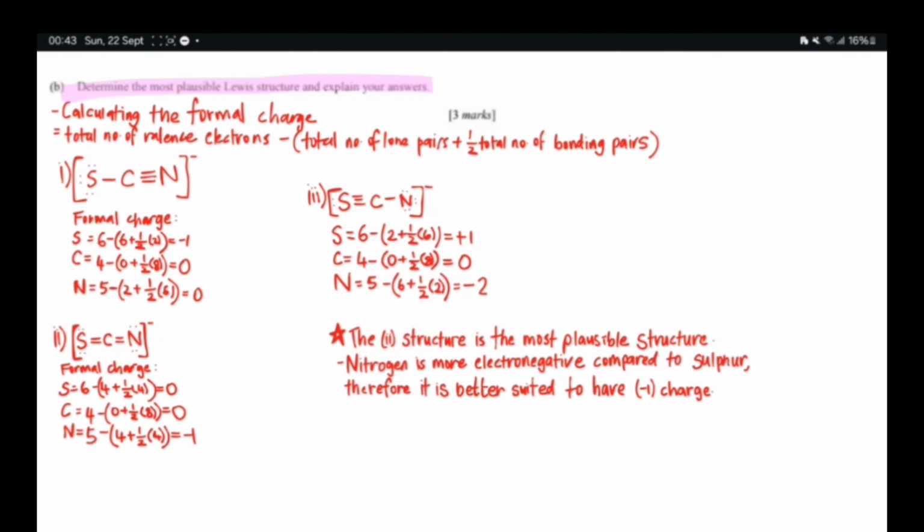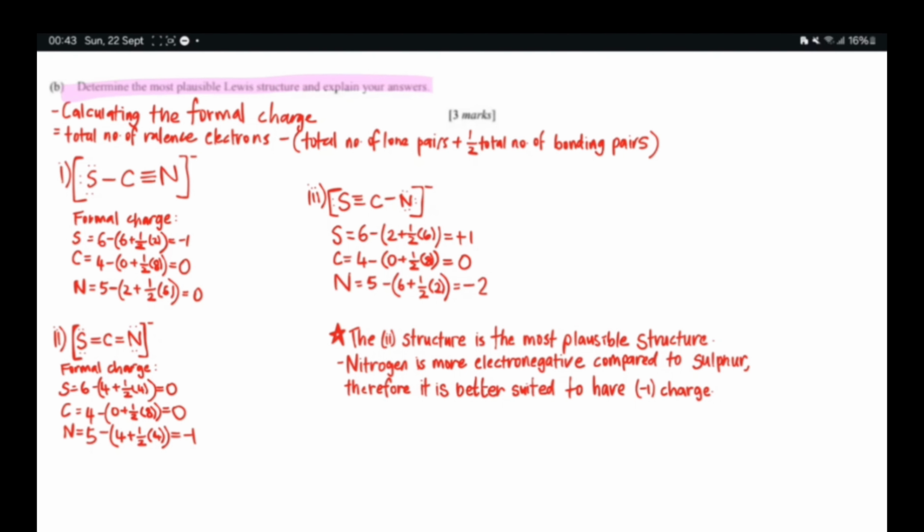So for the first Lewis structure that we drew, the formal charge for S would be 6 valence electrons minus 6 lone pair electrons in sulfur, plus 1/2 of 2 bonding electrons in sulfur, and that would equate to -1.